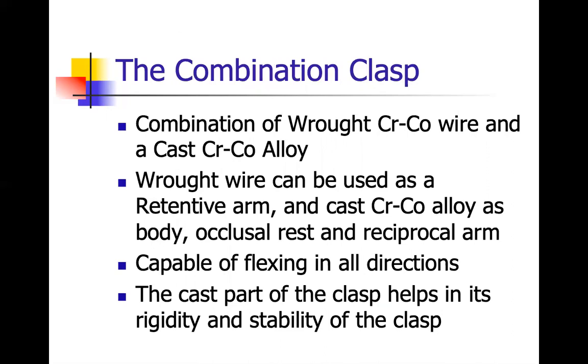The combination clasp is a combination of a wrought chromium cobalt wire and a cast chromium cobalt alloy. The wrought wire can be used as a retentive arm, whereas the cast chromium cobalt alloy forms the body, occlusal rest, and reciprocal arm.